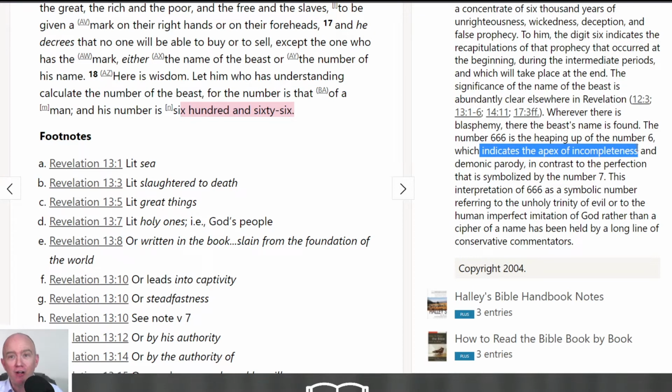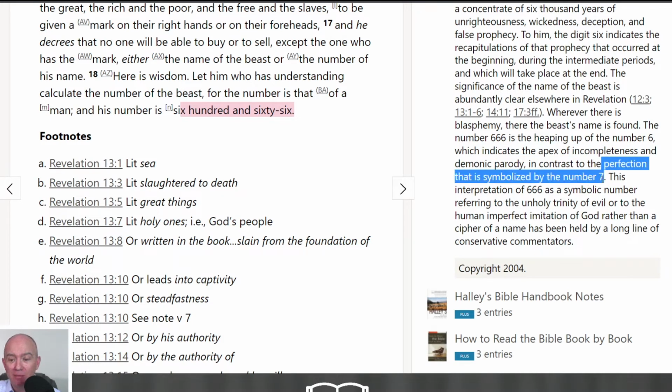It's a false completeness, a promise of completeness that doesn't deliver. 7 is the number of perfection, and I'm using that word for both completeness and also holiness and purity. And 6 imitates that, but falls short.